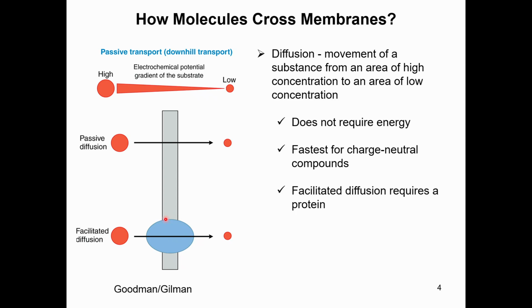But if you have a pore that is hydrophilic all the way through, then it's no problem for a hydrophilic molecule to just transit through that pore space and into the interior of the cell. So facilitated diffusion is one of the main ways that a lot of larger molecules that might not be able to transit the hydrophobic core of a membrane get through in a passive sort of way.